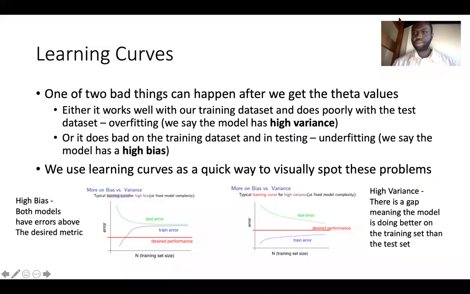Okay. So he points out one of two bad things can happen after you get your theta values. Either it works really well on the training data, which is the one it's seen. Imagine a practice test and a test. I've seen the answers.